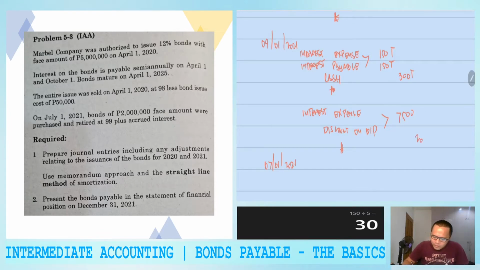So 2 million times 99%, we have 1,980,000. Not the issue price, sorry. Wrong term. But rather, retirement price.